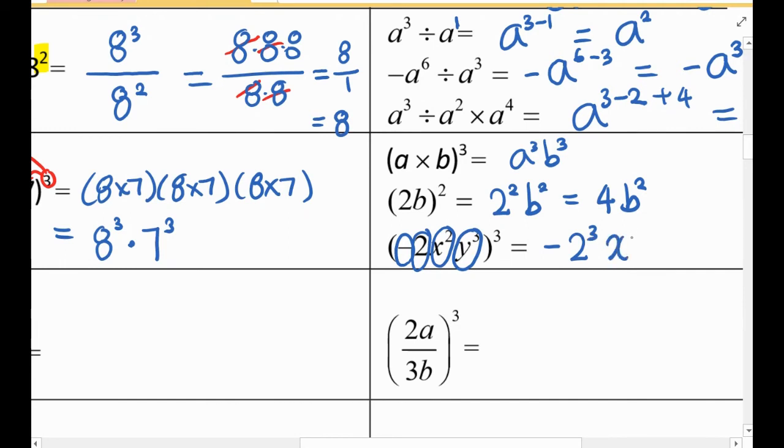X squared will be repeated 3 times. Then you multiply the exponent. Then that is 6. Y cubed will be repeated 3 times. Then you multiply 3 times 3. Then that is 9.